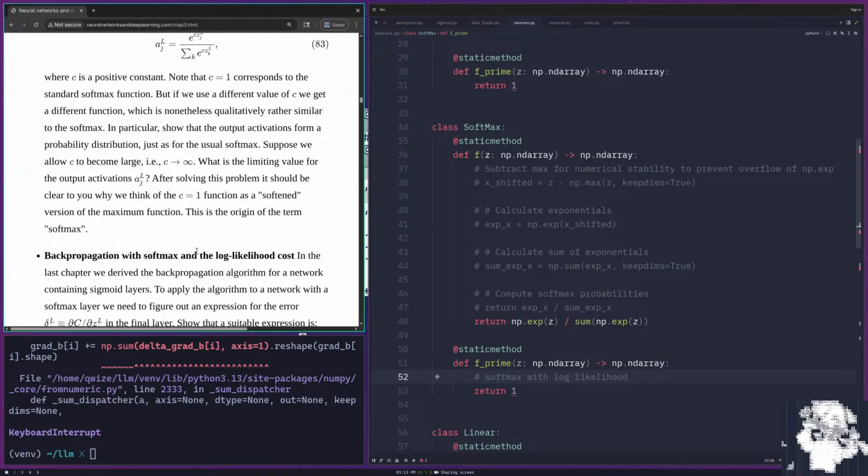In particular, show that the output activations form a probability distribution, just as for the usual softmax. Suppose we allowed c to become larger, i.e. c tends to infinity. What is the limiting value for the output activations a_j? After solving this problem, it should be clear to you why we think of the c equals 1 function as a softened version of the maximum function. This is the origin of the term softmax.